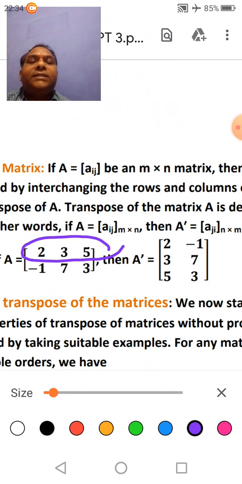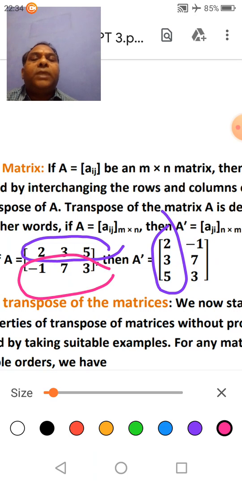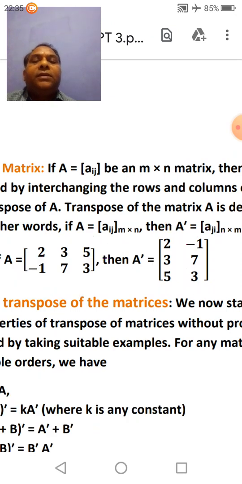Then in A dash you have to write this row as a column 2, 3, 5. Similarly, its second row is -1, 7, 3. So you have to convert the second row into the second column of A dash. Then you can find A dash, the transpose of the matrix. Means to find the transpose of a matrix, you have to interchange rows and columns. Clear?